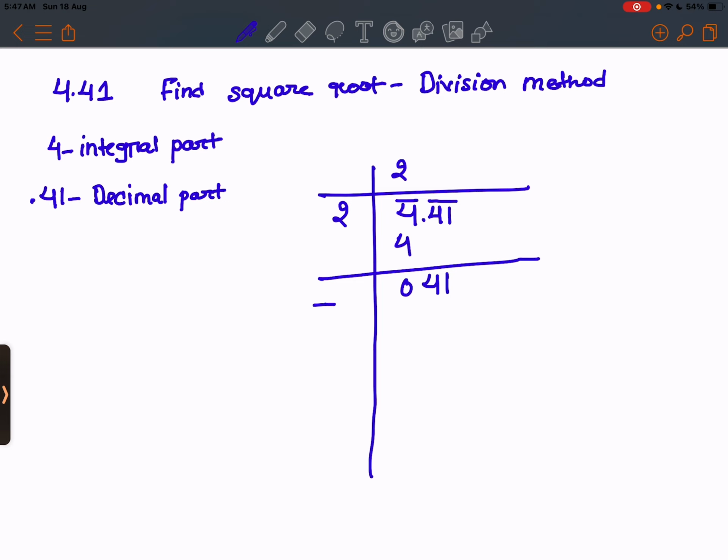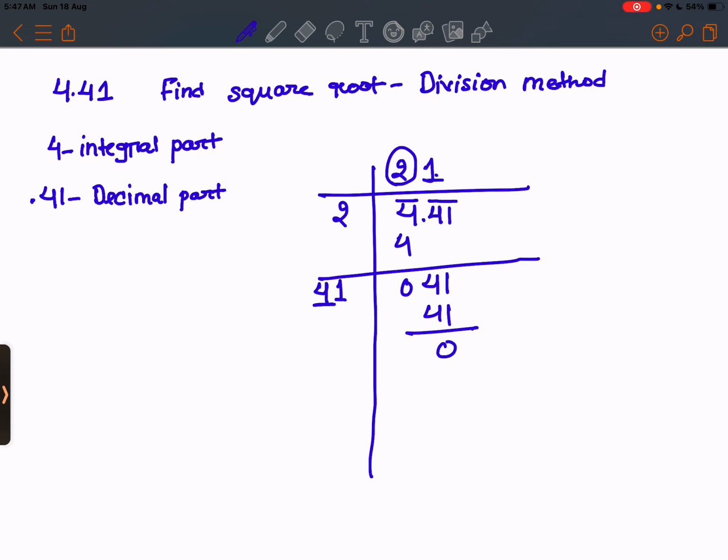Now the digit here would be double of the 2. So double of 2 would be 4. Now what would be the number? The 41 will be completely divisible, the number would be 1. So 41, 1 1 is 41, remainder is 0.